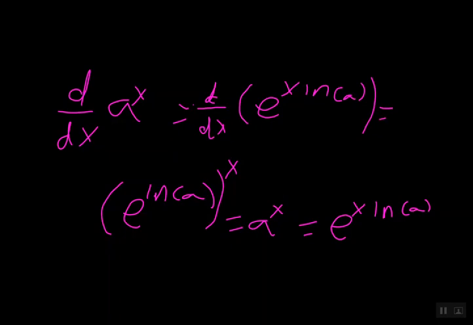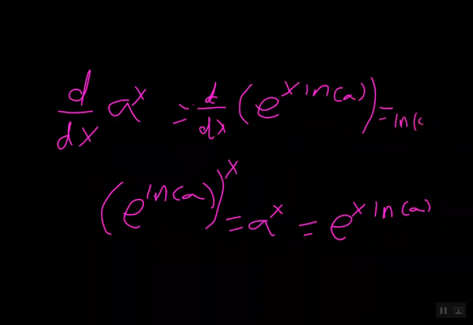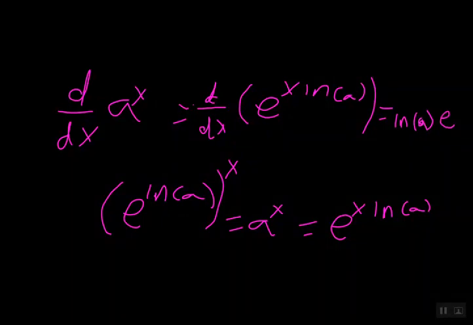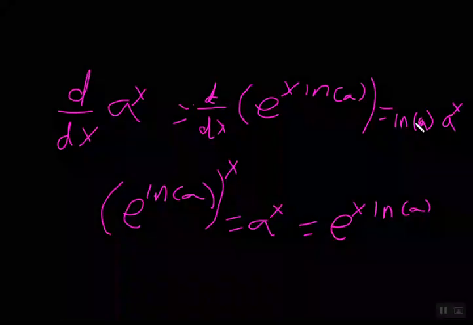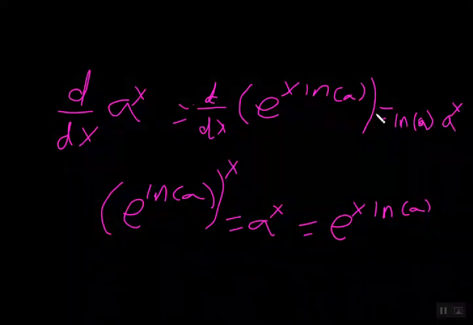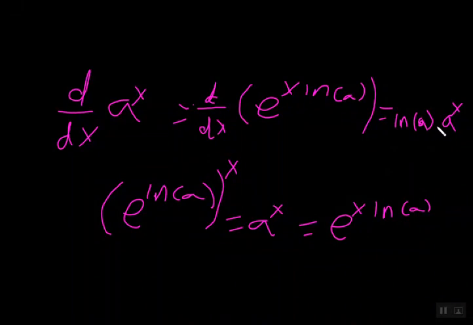So this is just our multiple, natural log of a, times e to the x ln a, but e to the x ln a is just a to the x. I skipped a step, but it's the natural log of a times e to the x ln a, which is natural log of a times a to the x.